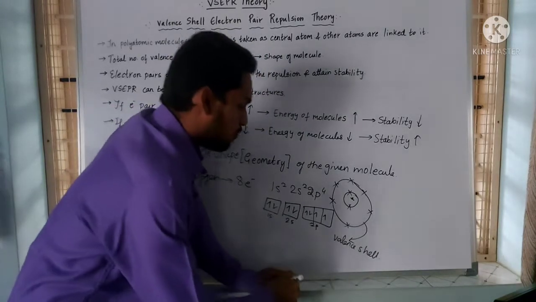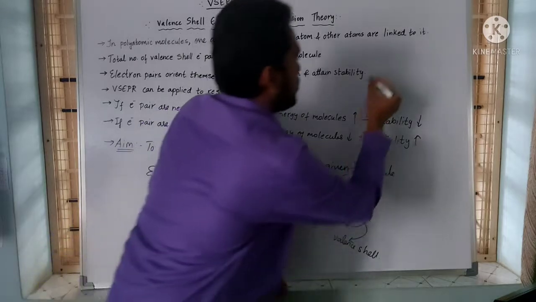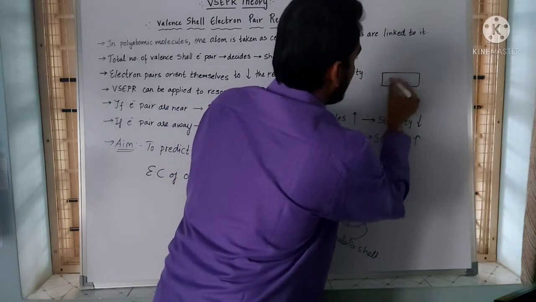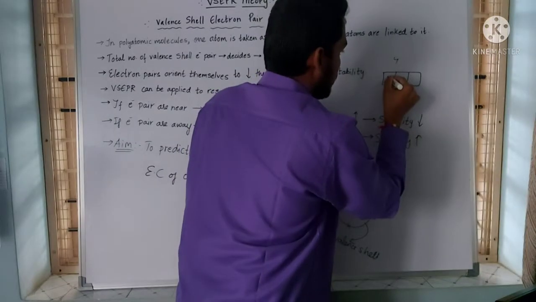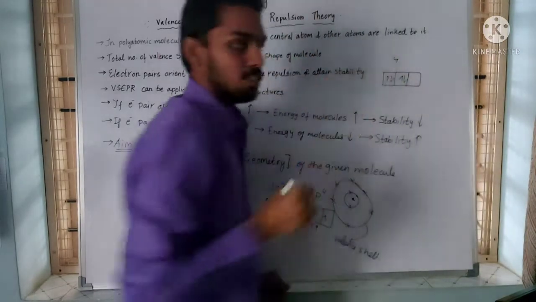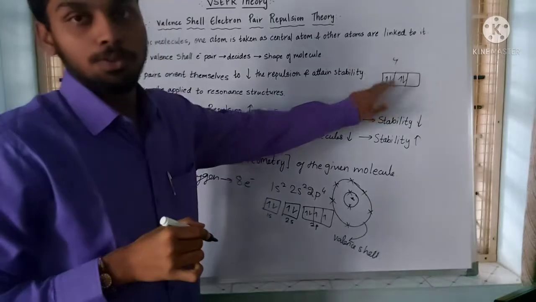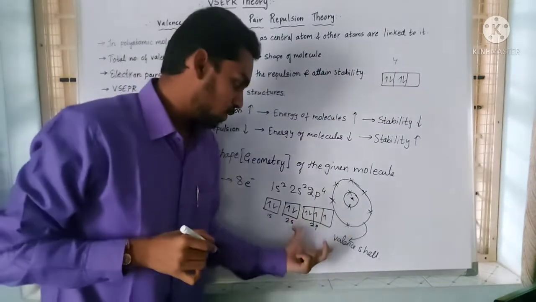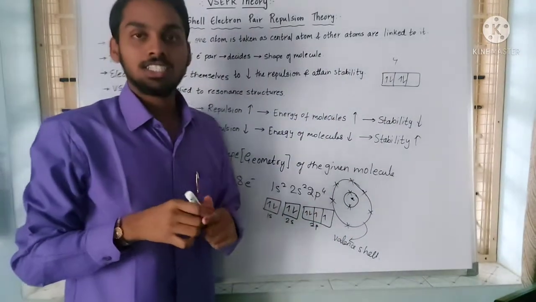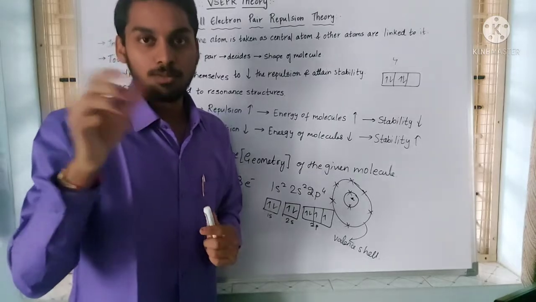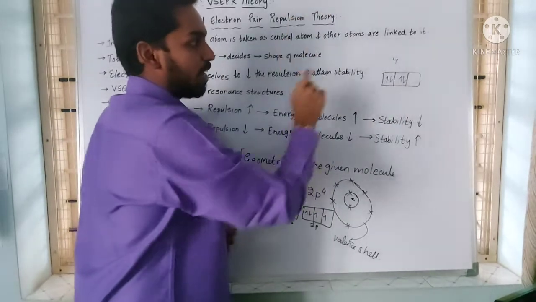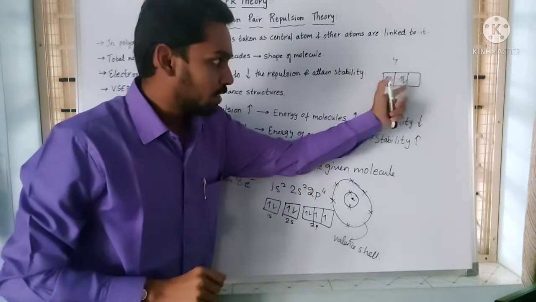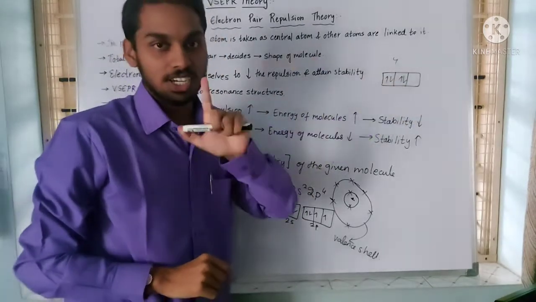I could have filled it in another way, but that is not possible. There are 4 electrons: 1, 2, 3, 4. I have written it this way using Hund's maximum multiplicity rule, which says that you can't pair the electrons until each orbital is singly occupied.